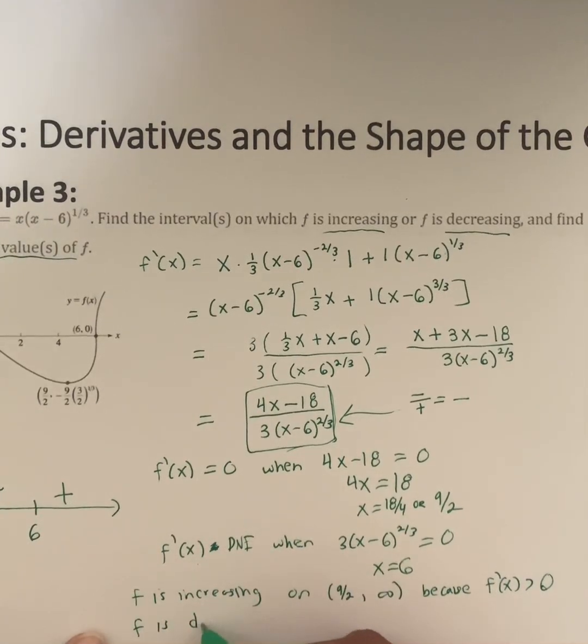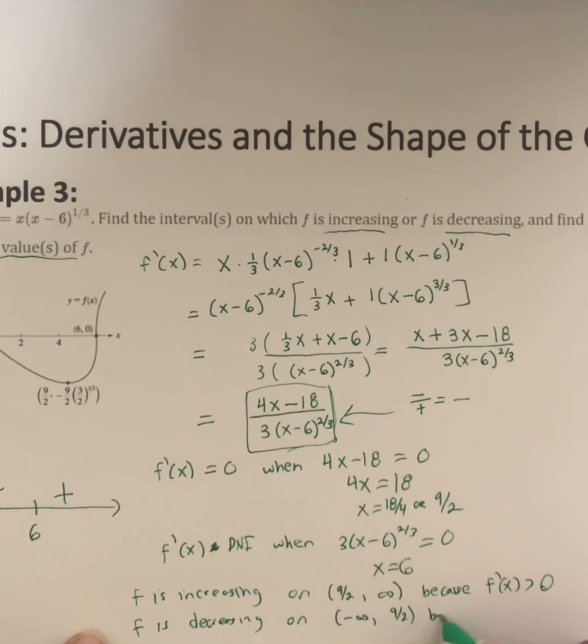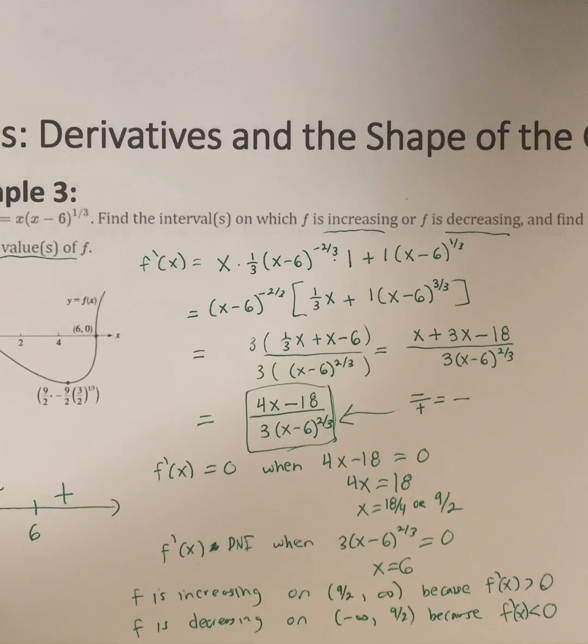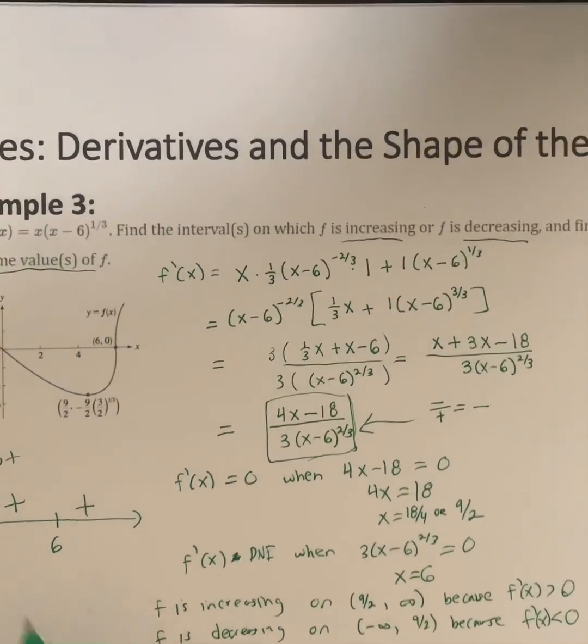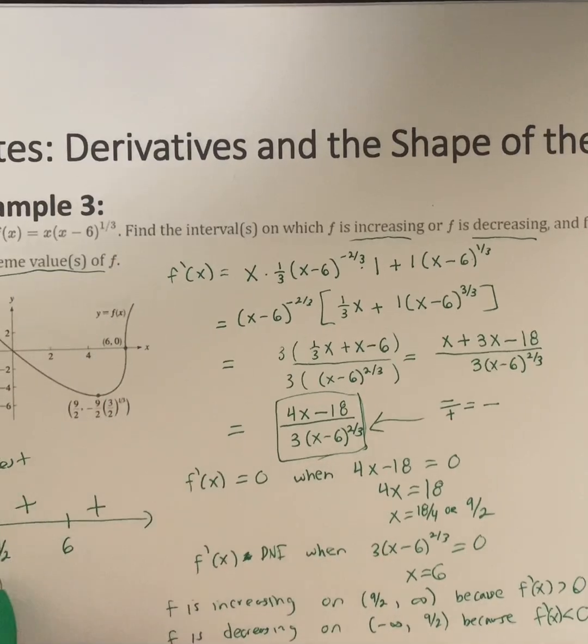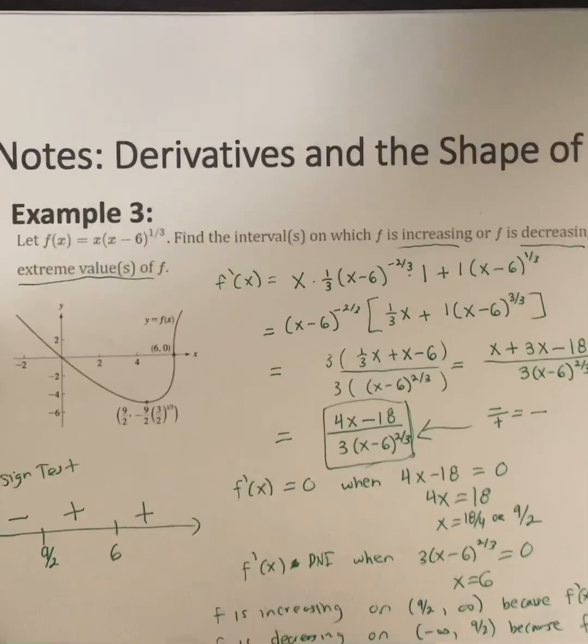We know f is decreasing on negative infinity to 9/2 because f prime is negative. Now, we do know that we have a local extreme here at 9/2.